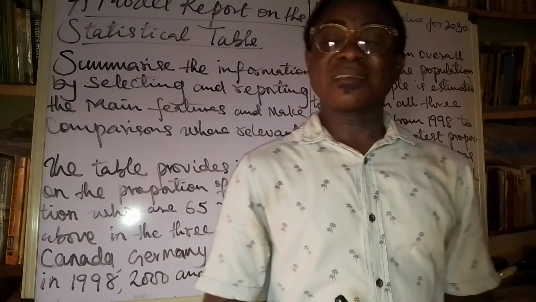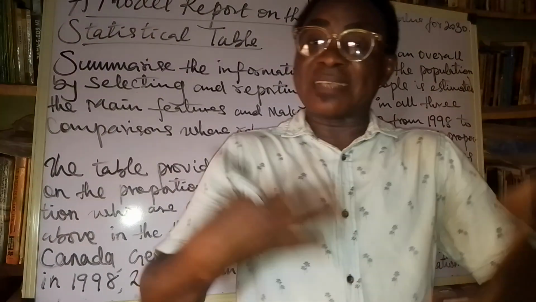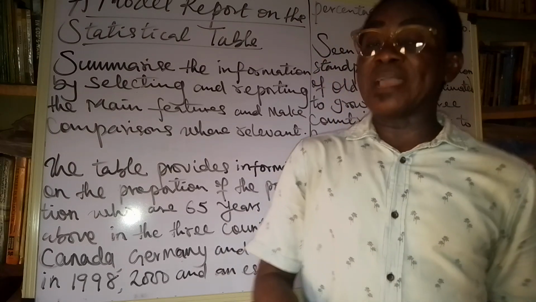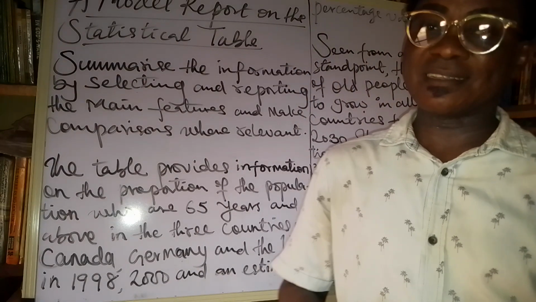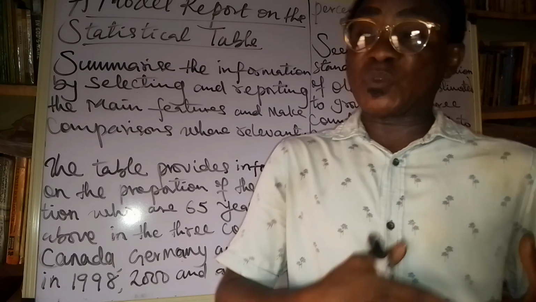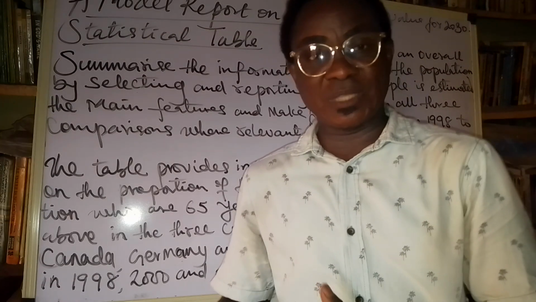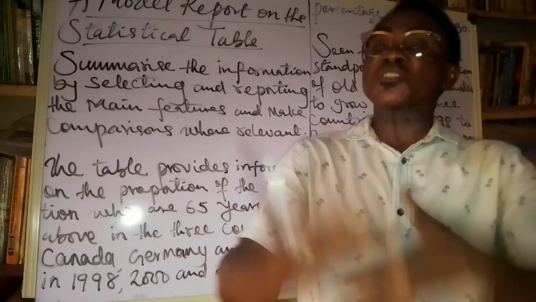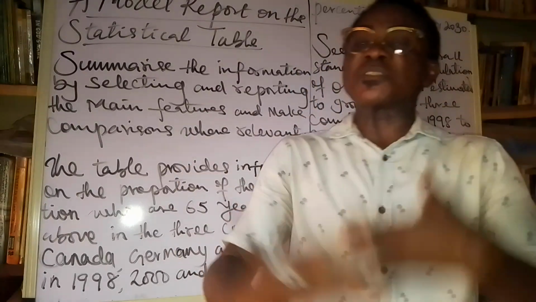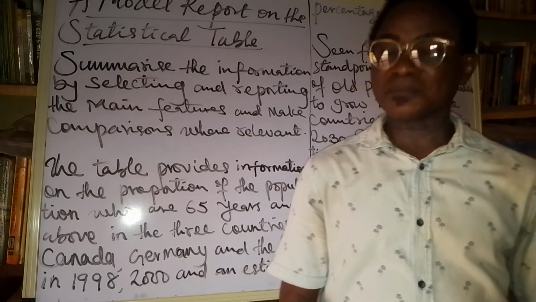We are told that the greatest rise in the population of elderly people aged 65 and above took place in Germany between 1998 and the year 2000. And it is expected to continue to rise, to continue to be the highest, even up to the year 2030.